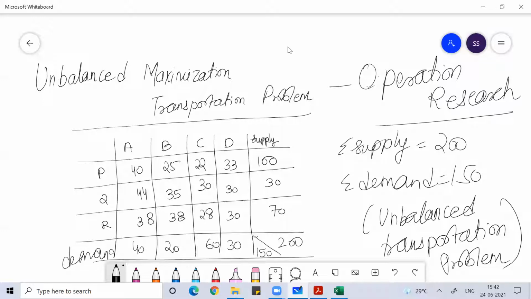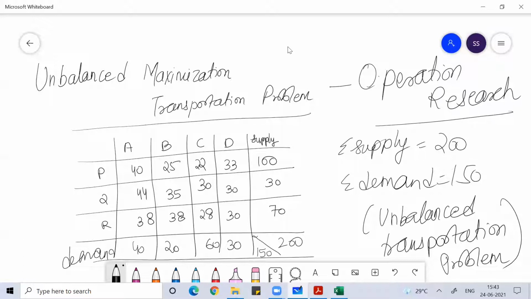The next thing to understand from this problem is the elements of the matrix. This is a maximization scenario, so the elements inside this matrix must correspond to profit or revenue. Because only if the data is given in profit or revenue can your objective be maximization.